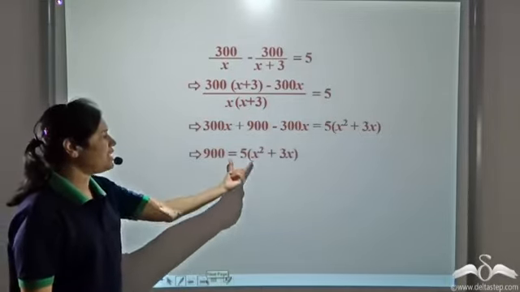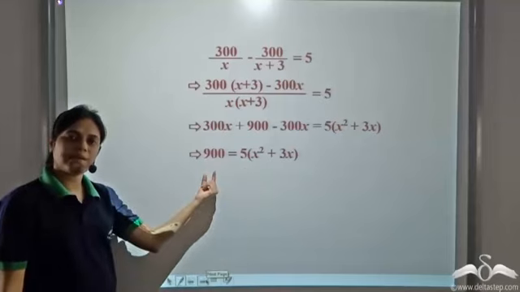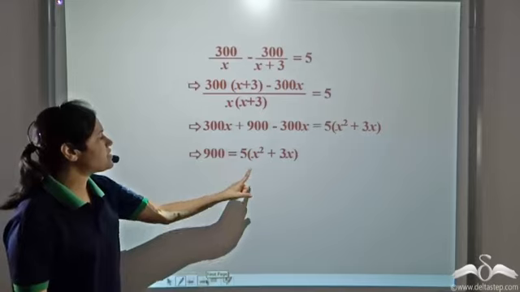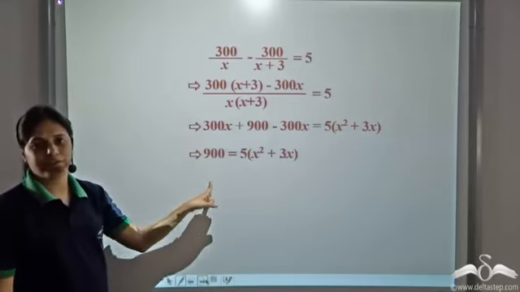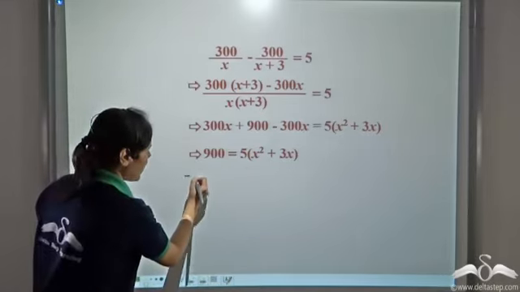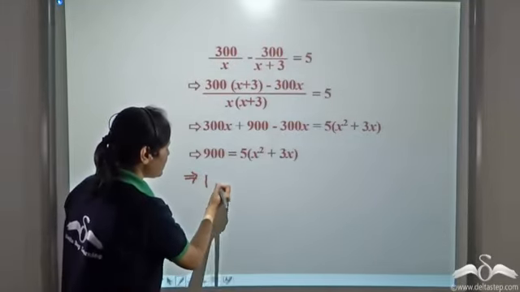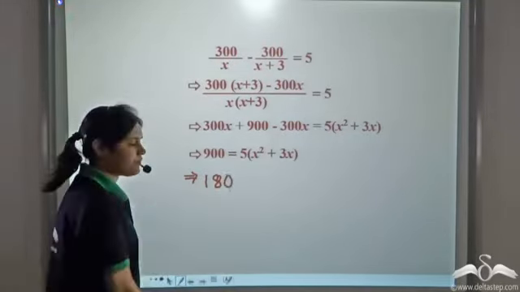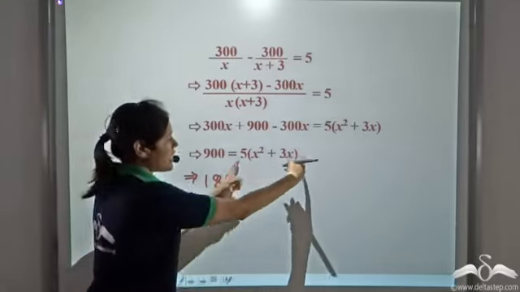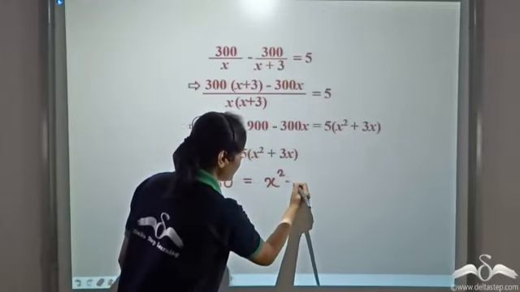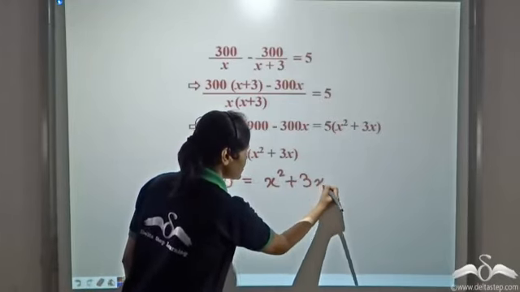Now we can divide both the sides by the same number. The equation will remain unchanged. So let us divide both the sides by 5. 900 divided by 5 gives us 180. And this side divided by 5 gives us x square plus 3x.